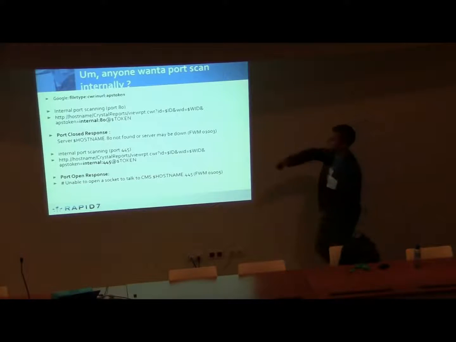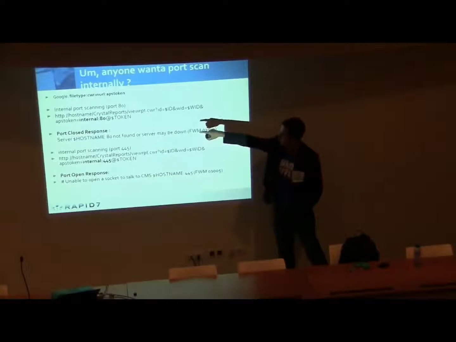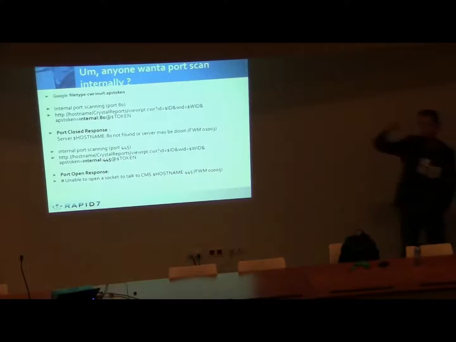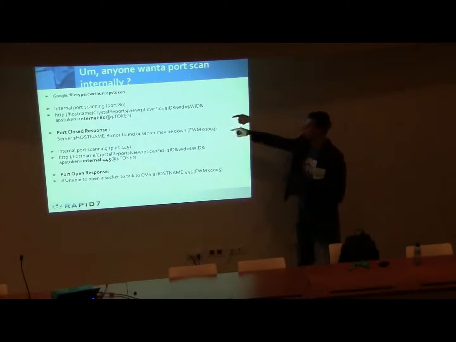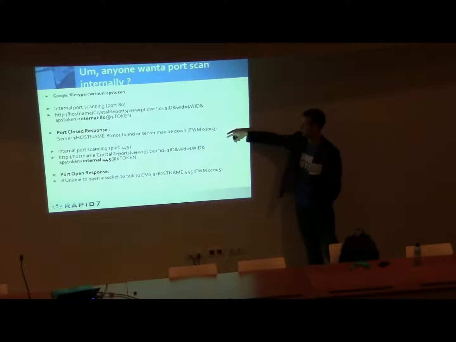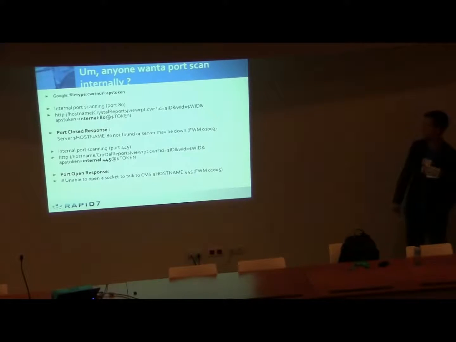So port scanning internally, like I mentioned before, the file type CWR in URL apps token. What the apps token will actually provide is, you see down here, apps token equals internal :80 @token. What that's specifying is the internal server to request, is this a valid person? But you can kind of abuse it, because typically that'll be on 6400, but if you say 80, it'll give one error message if it's closed versus, for 445, another error message if it's open but just not able to communicate with it.